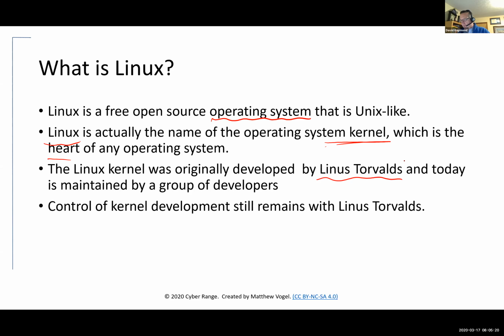Linus Torvalds wanted to have an open source operating system that he and his colleagues could use, and the operating system of the day back in the 80s and early 1990s was called Unix. This was proprietary software developed by a couple of large companies, IBM, AT&T, those kinds of folks. There were a couple of slightly different versions of Unix, but this was not open source software.